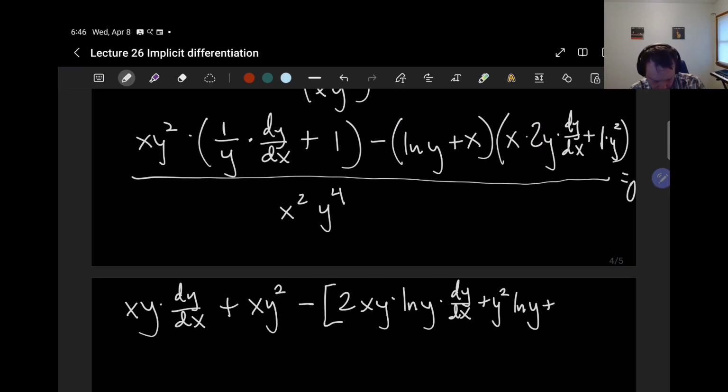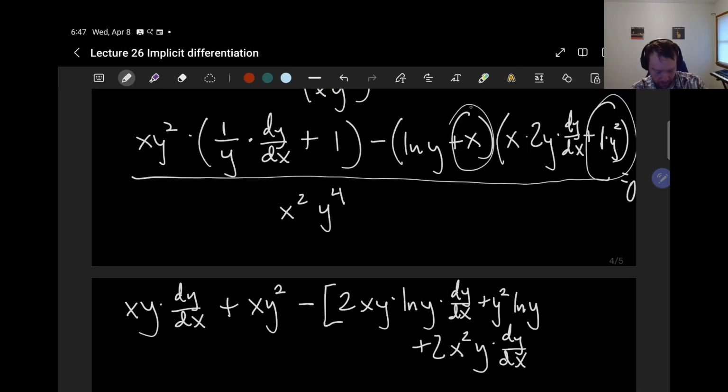So plus, I'm going to need a little more space, I think. So plus 2x squared y. I've got 2 x's here being multiplied. So 2x squared y times dy dx. And then the last part of the FOIL be x times y squared.